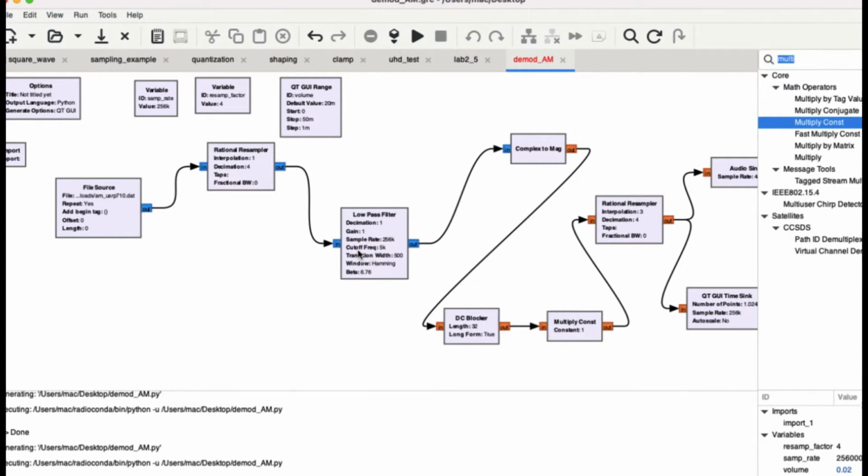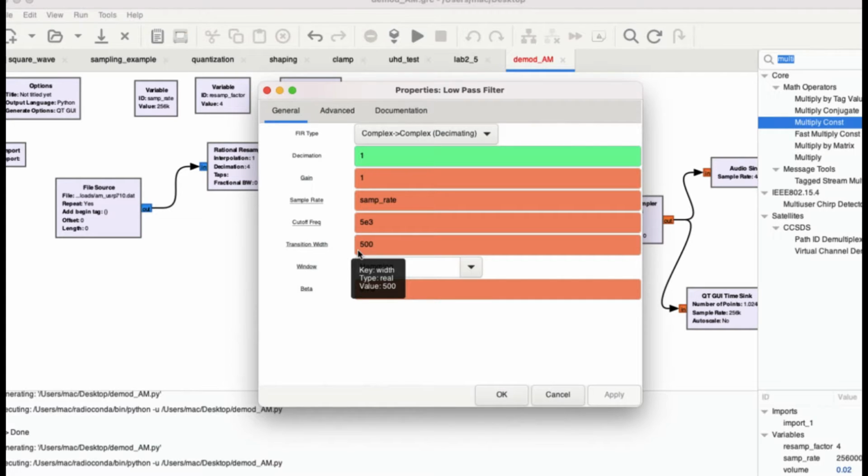So we're passing all of this information into a low pass filter. The low pass filter is just taking your samples which are coming in, and two parameters are important. I think I have made a video on filters. The first is your cutoff frequency: anything less than the cutoff frequency will pass, and that's the signal that we are interested in.